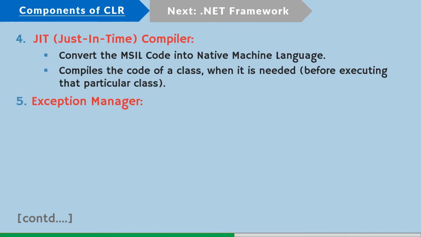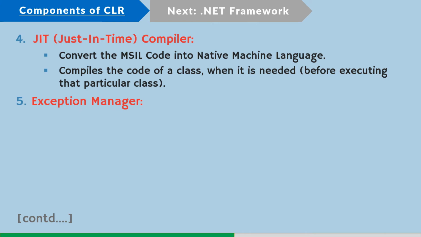The fourth component of CLR is the JIT compiler, which stands for just-in-time compiler, which is responsible to convert the IL code into native machine language. Yes, it is required because IL code cannot be executed by the hardware directly. So the hardware components such as the processor cannot understand the IL code directly, whereas IL code is common for all the operating systems and all the hardware devices.